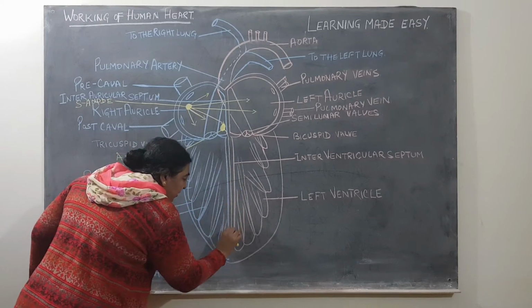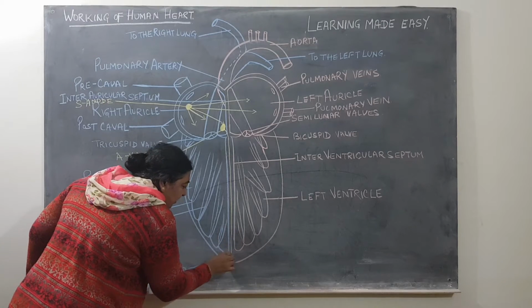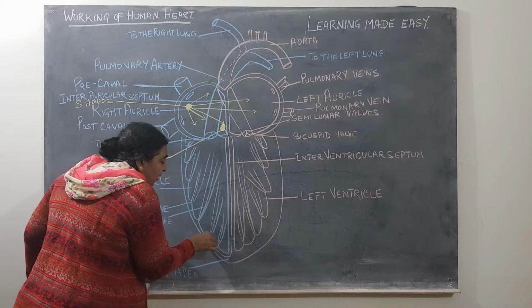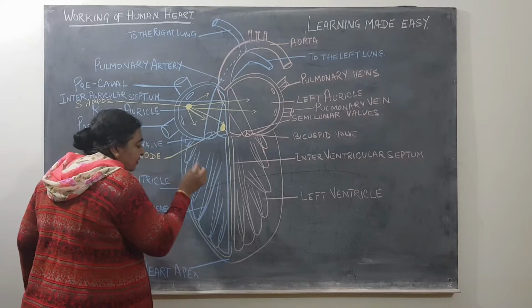The bundle of His is placed in the ventricular walls.